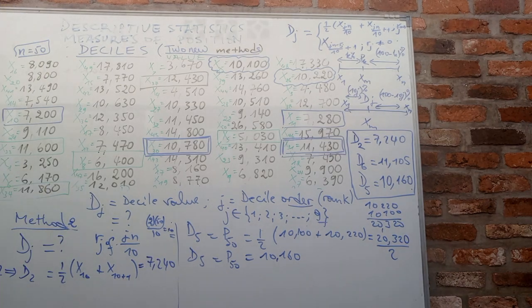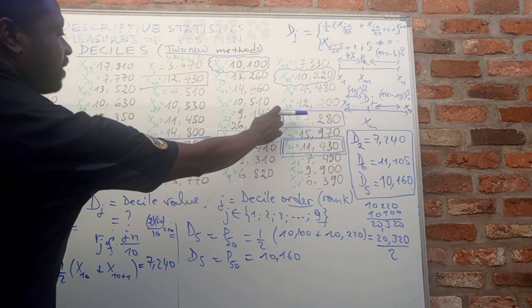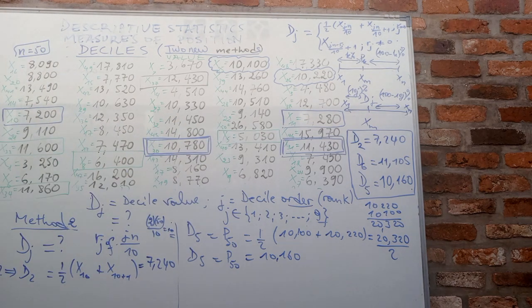So after calculation, the essential thing to do is to have the x sub 10 plus x sub 11 here. We divide by 2, we get the same decile value as before.